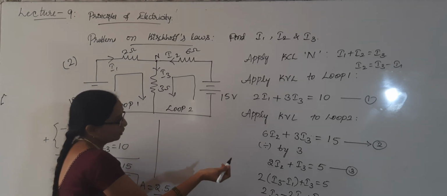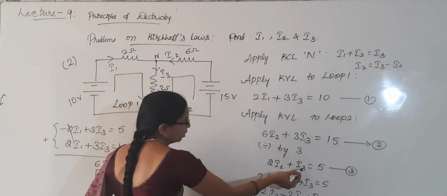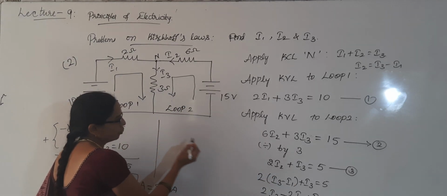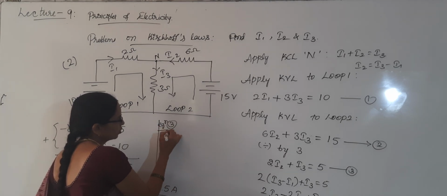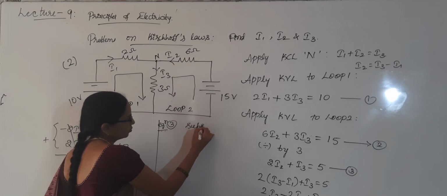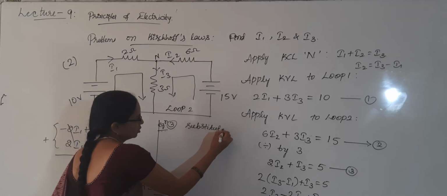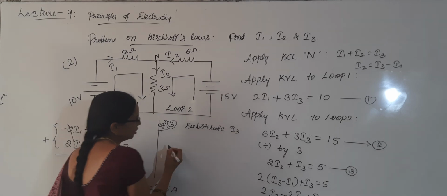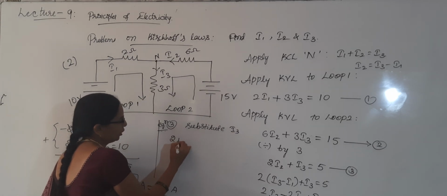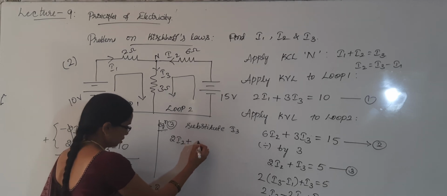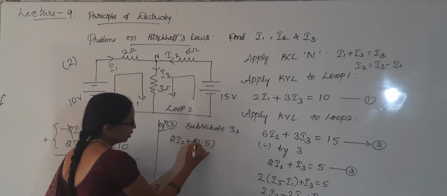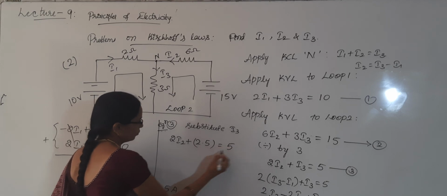Okay, we have got the value of I3. We will find out the value of I2 by this equation. Substitute in equation 3, substitute the value of I3. 2I2 plus I3 value, 2.5, is equal to 5.